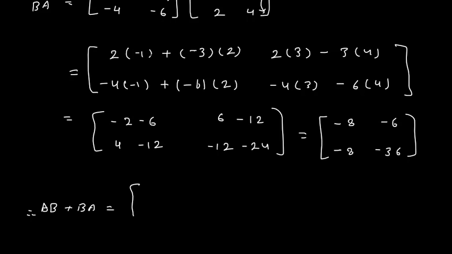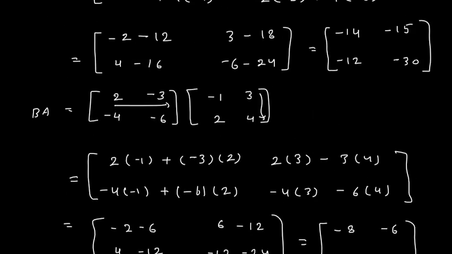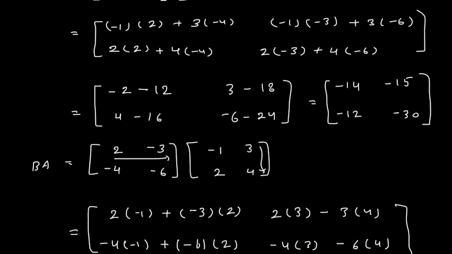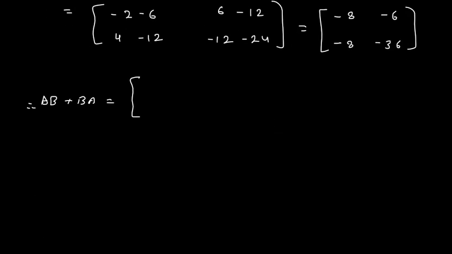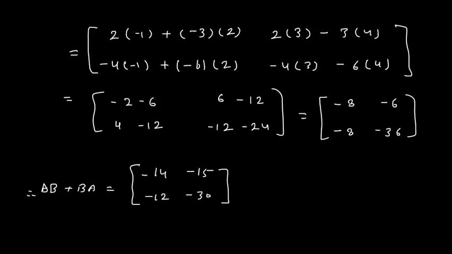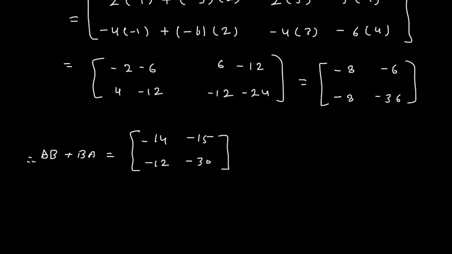plus BA. Now the value of AB is minus 14, minus 15, minus 12, minus 30. This is the value of AB. And value of BA is plus, the value of BA is minus 8, minus 6, minus 8, minus 36.